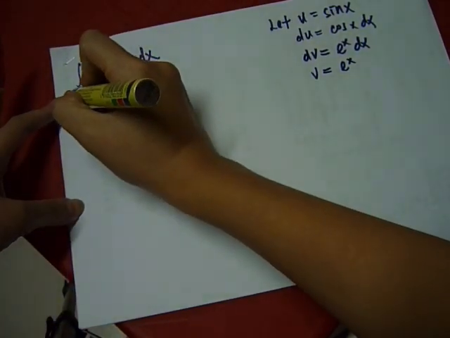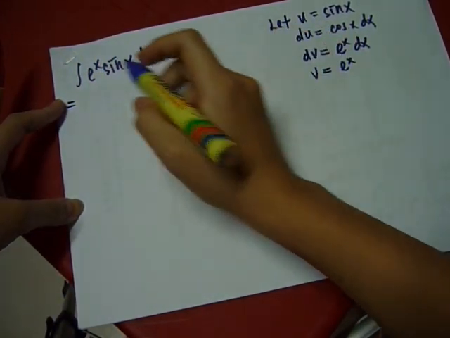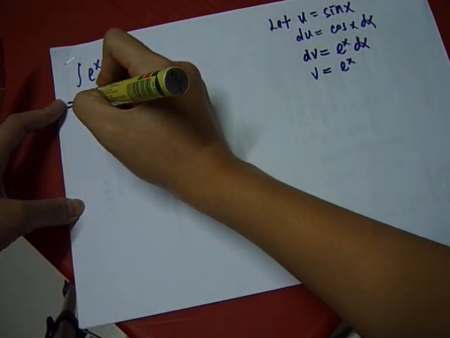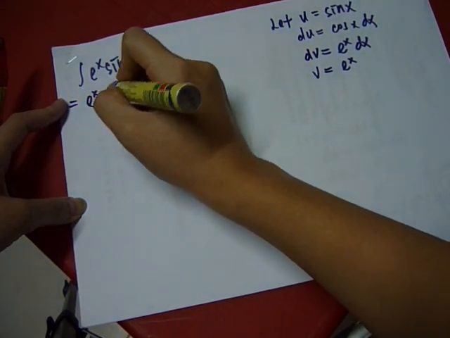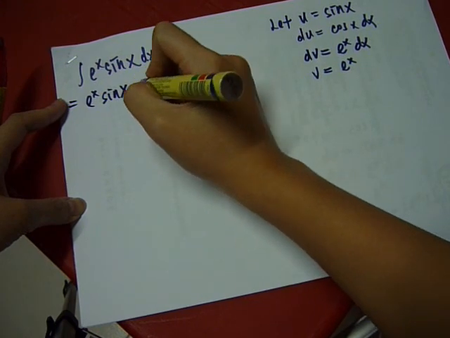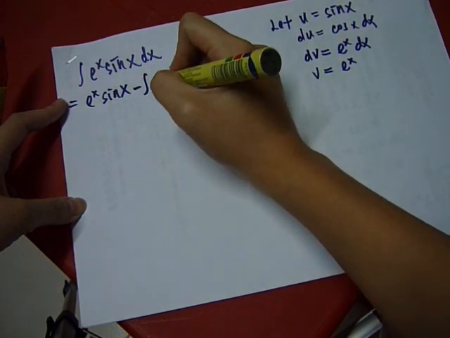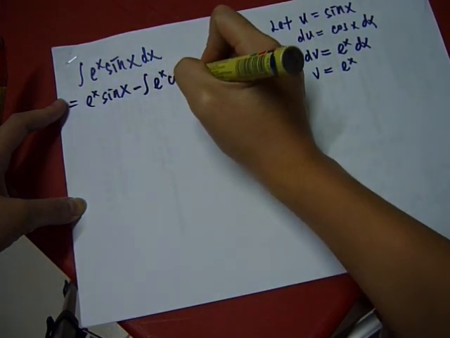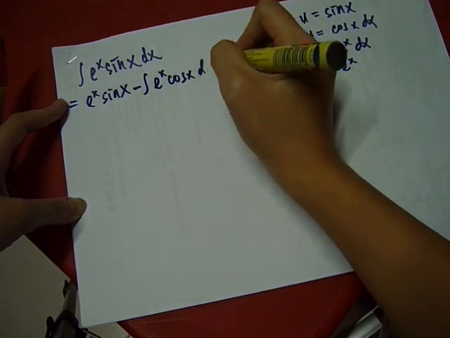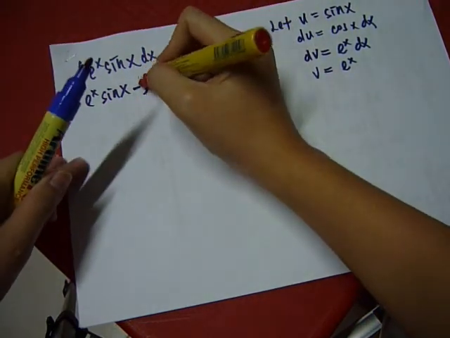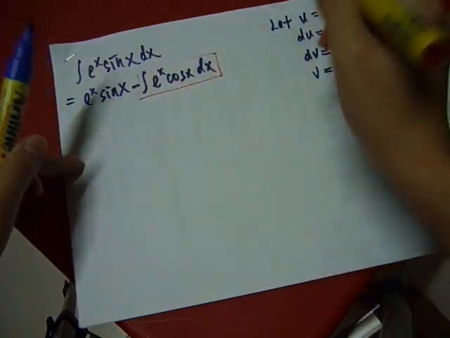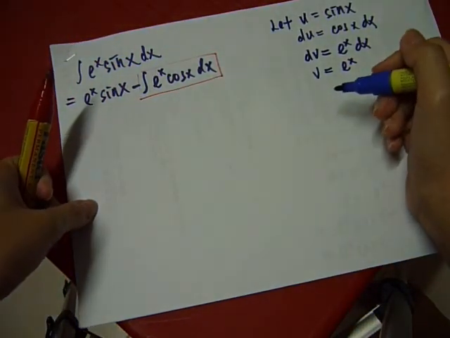Then we substitute back into the formula, uv, e^x sine x minus integration e^x cos x dx. So this part we need to integrate again.